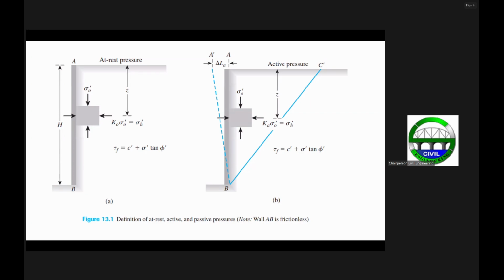Then this retaining wall has a height of H. We can consider a soil element at any depth z from the ground surface. So this is now your horizontal ground surface.